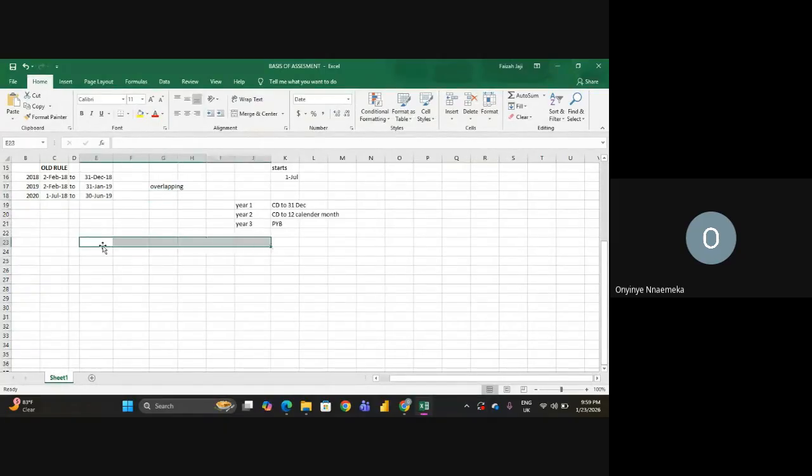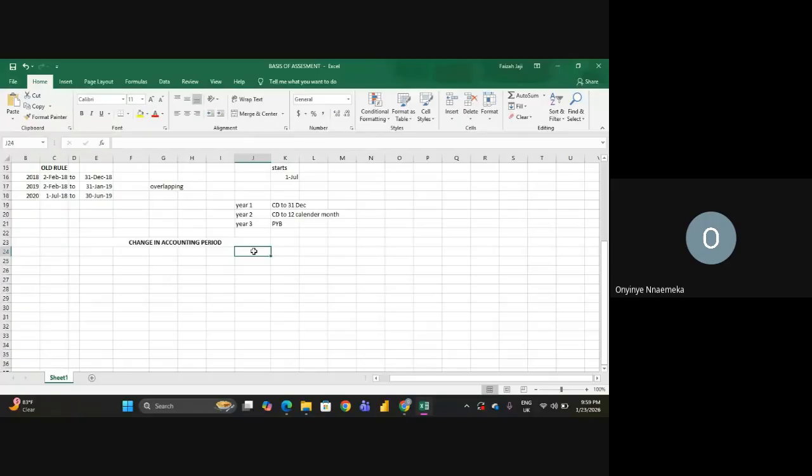Let me write here: change in accounting period. So it's easy to know when we started changing accounting period, and everything after that was the changed accounting period. So what are we saying here now?